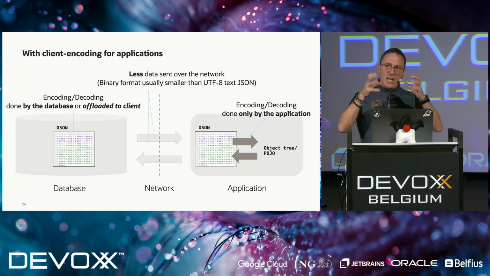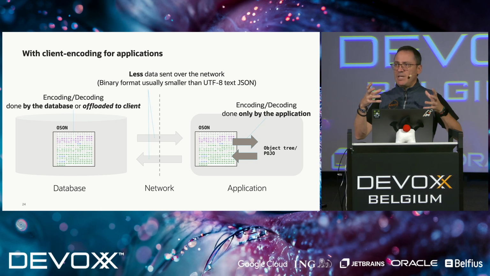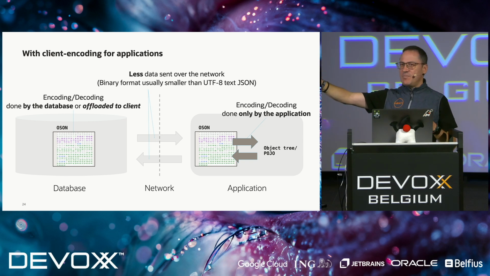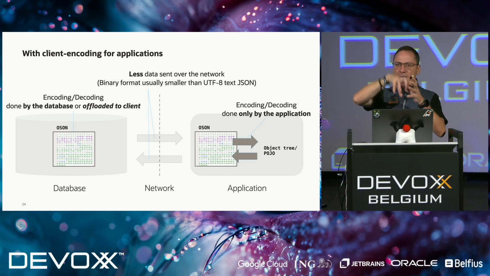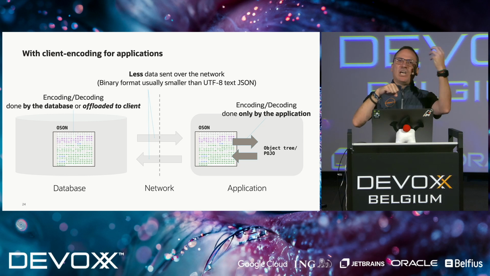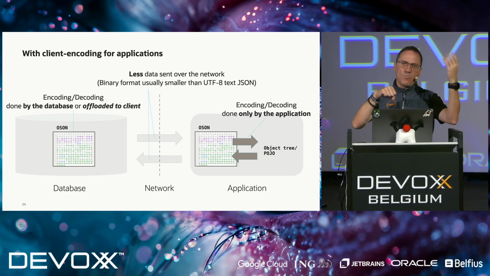But if the client side is able to natively read the information, then we retrieve binary from the database into whatever structures we have at the application level. And as we need it, we can read the properties from that binary format into the Java fields that we're going to make use of, entities, whether it's Spring Boot, Quarkus, Micronaut, Helidon, what have you.